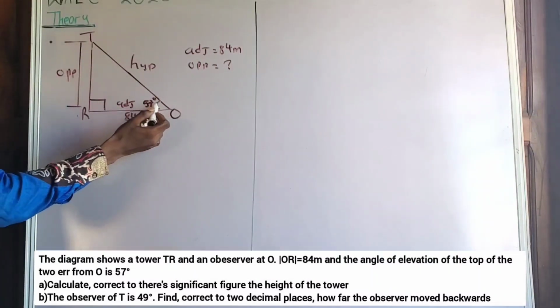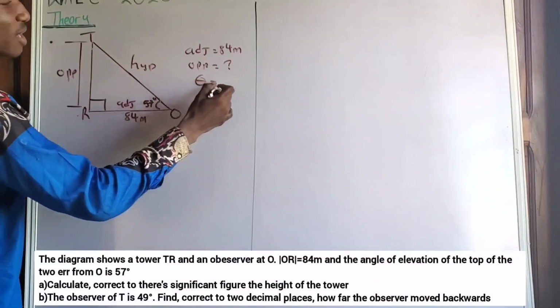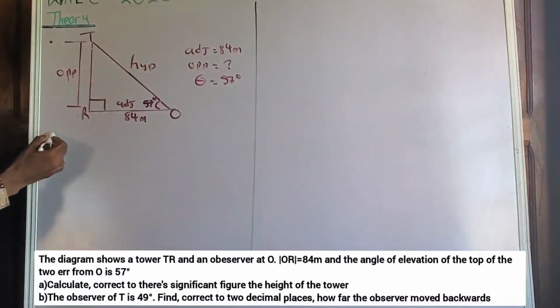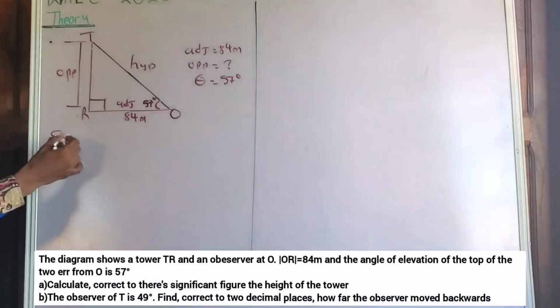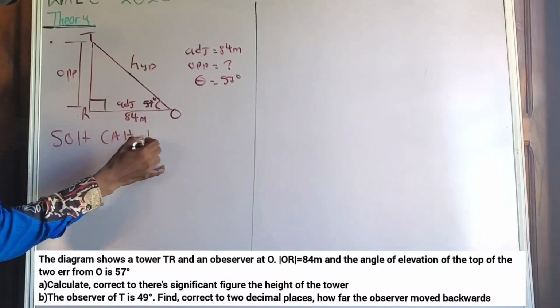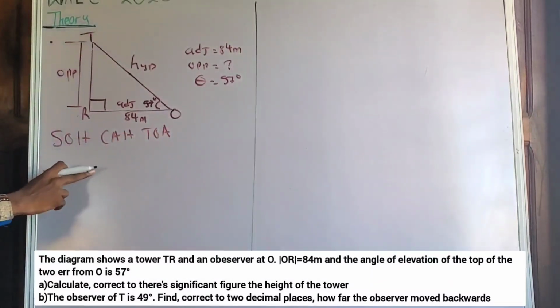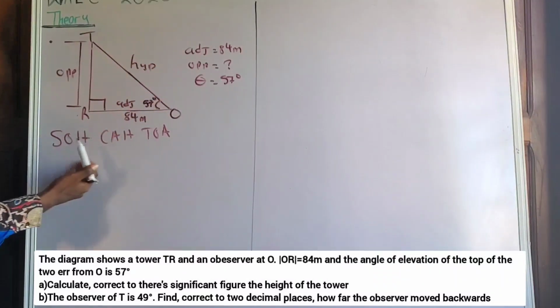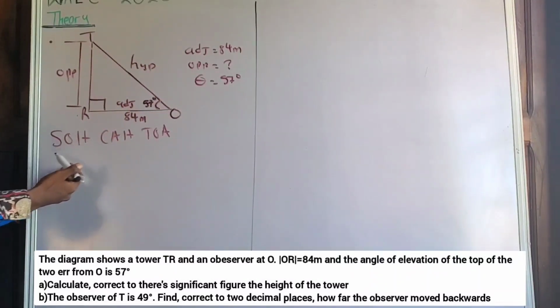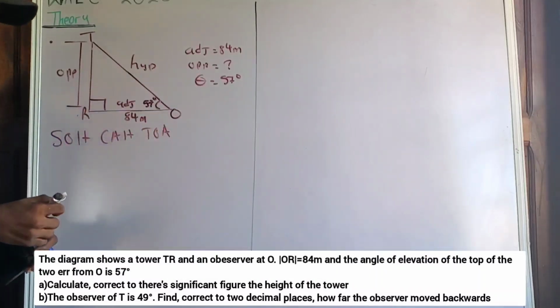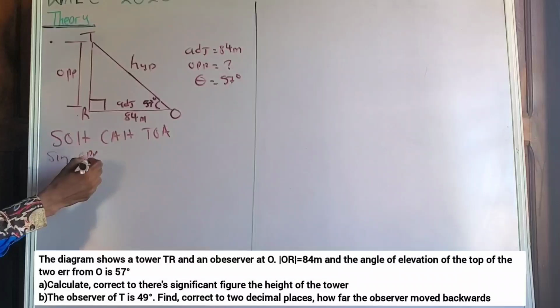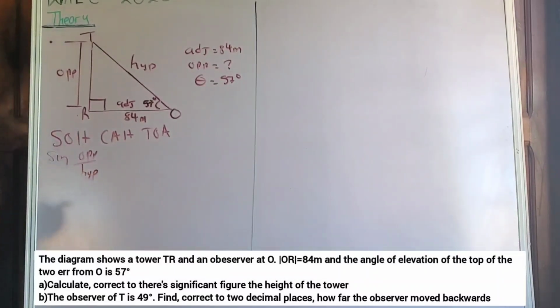We know that the angle theta has been given as 57 degrees. Based on the mnemonic SOHCAHTOA, which ratio combines both adjacent and opposite? Sine of an angle is opposite over hypotenuse, so we cannot use sine.